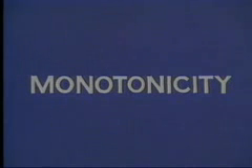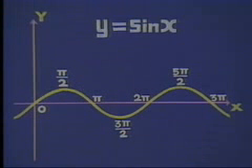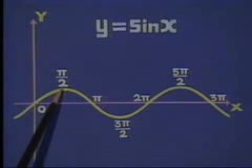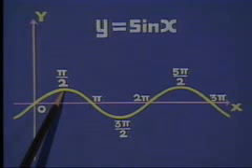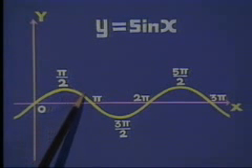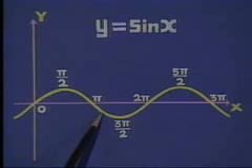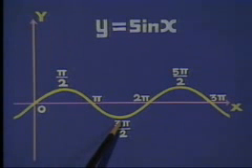Monotonicity, rising or falling curves. Look at this graph of y equal to sin x. As we move from 0 to pi by 2, this graph keeps rising. Then as we move from pi by 2 to 3 pi by 2, the graph falls.